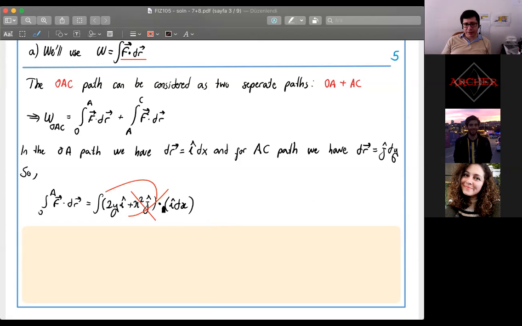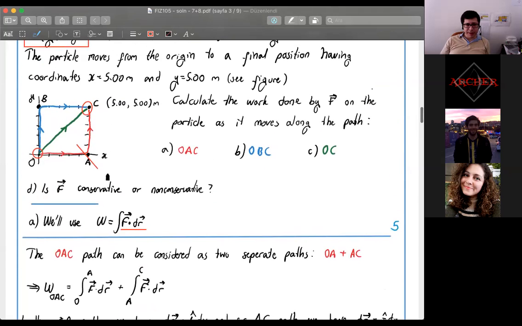Why? Because perpendicular vectors give 0 when you take their scalar product. So this integral will give 2y dx, okay? y doesn't depend on x position, so it's a constant. It goes out. However, as you see, the integral is taken from here to here, and along this path, the y value is 0.